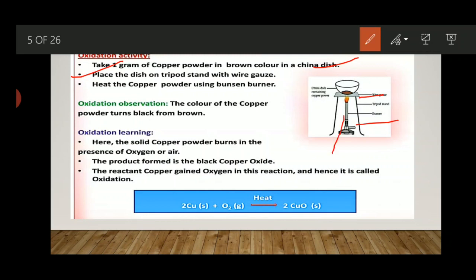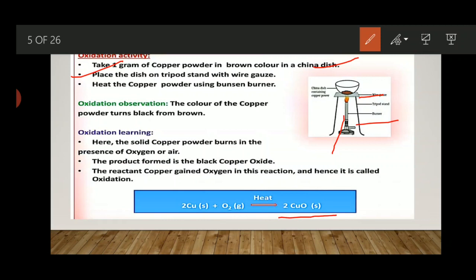The name of this burner is Bunsen burner. Now what observation will you get? The color of the copper powder turns black from brown. Immediately the color of copper gets turned into black from brown. Now what happened here? Copper gets mixed with the environmental oxygen and gets oxidized, and because of that oxidation a copper oxide compound is formed.